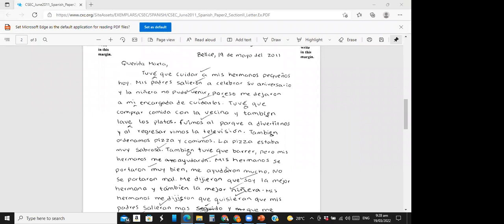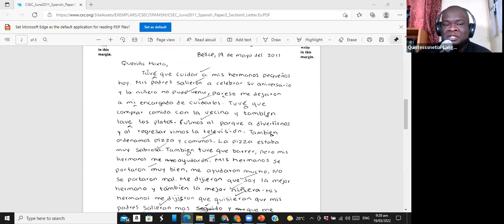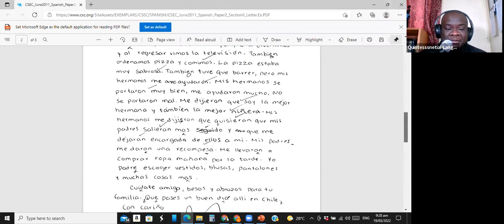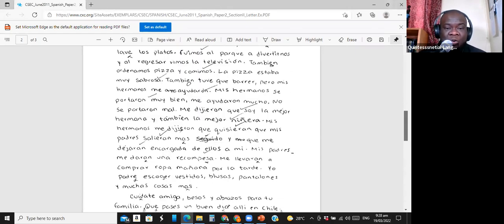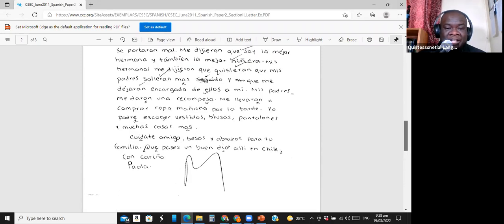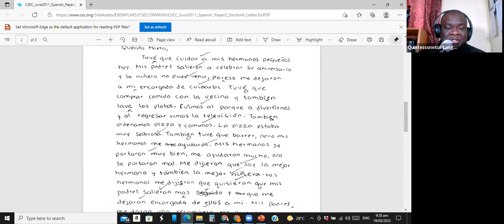This is not letter writing format. The paragraph is supposed to be indented. Paragraph should be indented. Savannah Ray, am I saying her name correctly? Savannah Ray said there's no introduction, which is correct. The whole letter is one big paragraph. Well, two. One huge paragraph and then a conclusion. So the person just wrote.